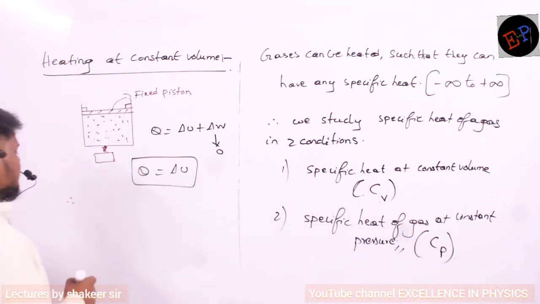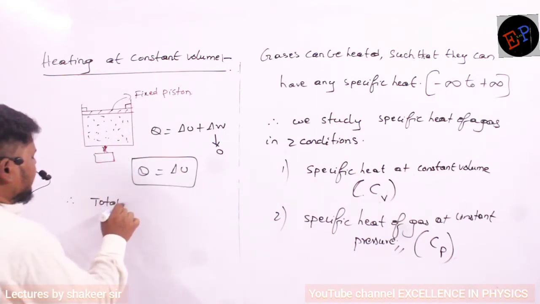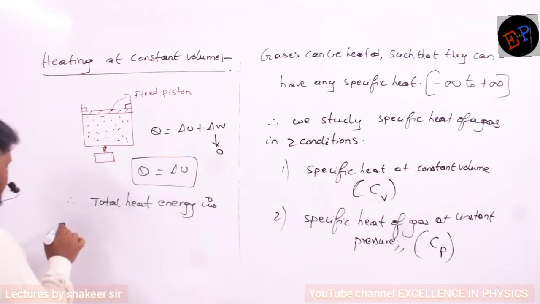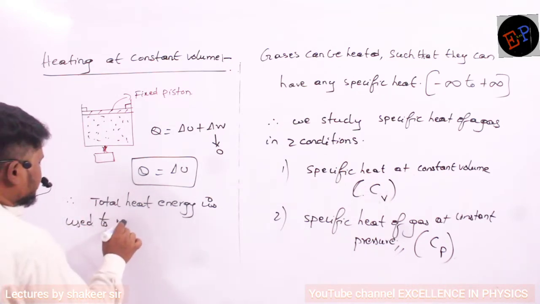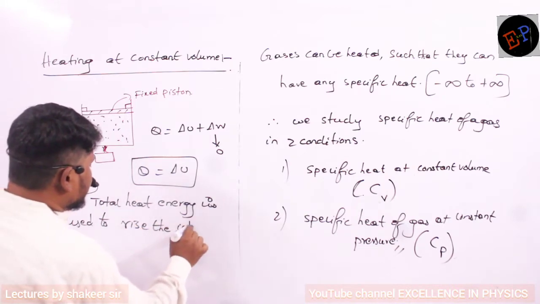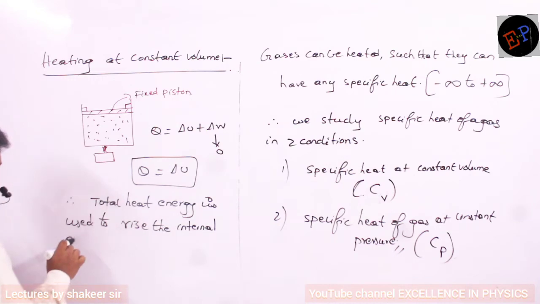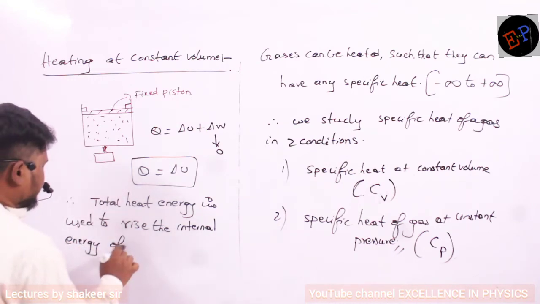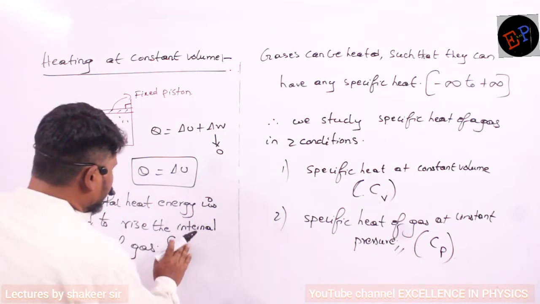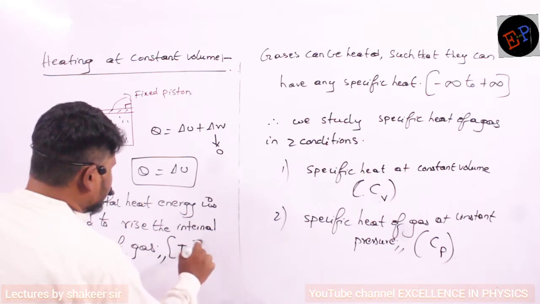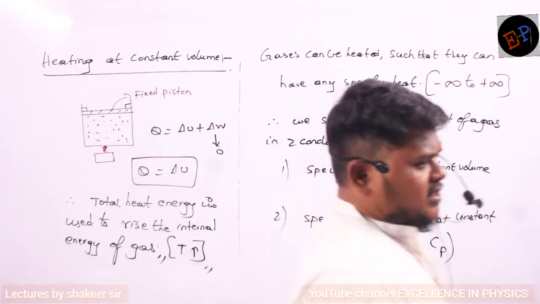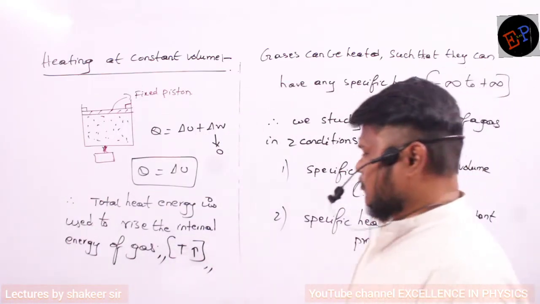Therefore, I say that total heat energy is used to raise the internal energy of the gas, and that means temperature rises. This is called heating of a gas at constant volume.